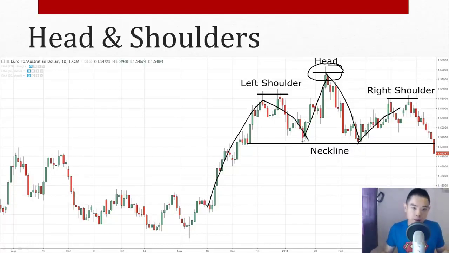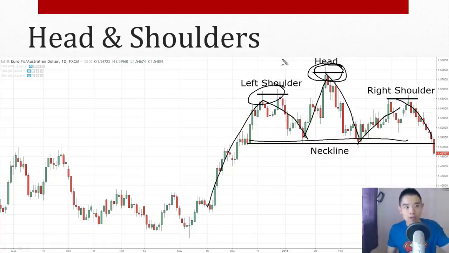Recall that it broke out of this prior high, but at this point in time, it failed to even break out of the prior high, and now it retraced back towards this area of support, otherwise known as a neckline. So head and shoulders is usually a sign of weakness in the market. Doesn't mean that you go short immediately, but it's telling you that the buyers are slowly losing steam. They're losing strength. So this is what a head and shoulders pattern tells you.